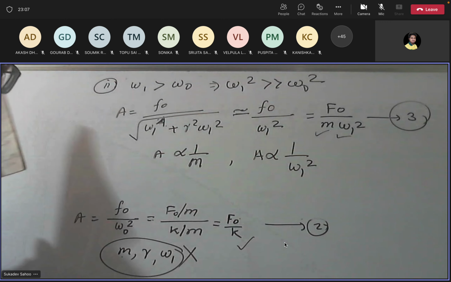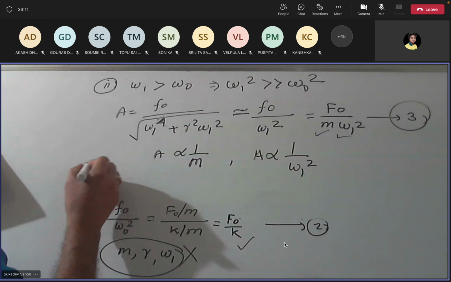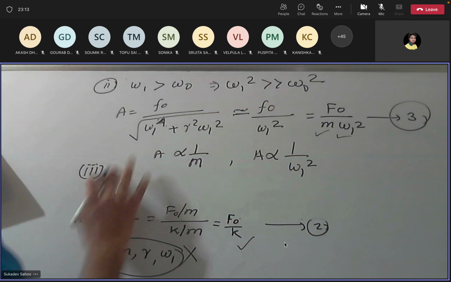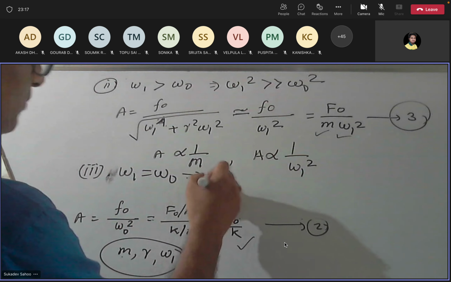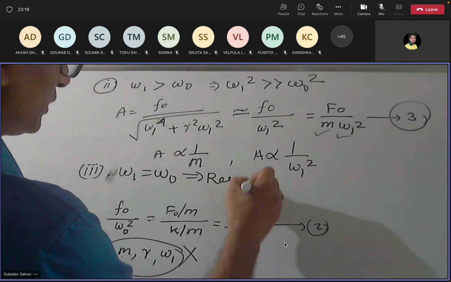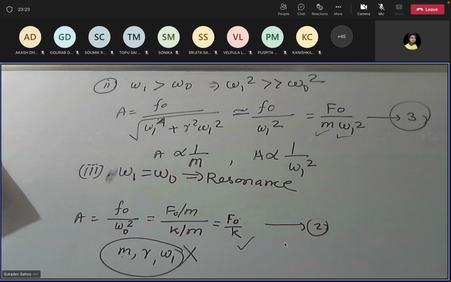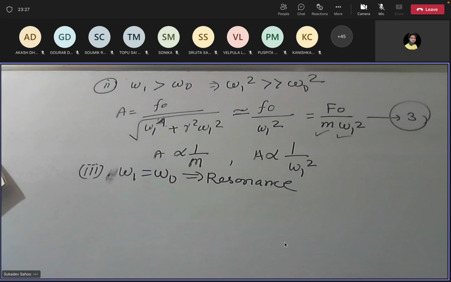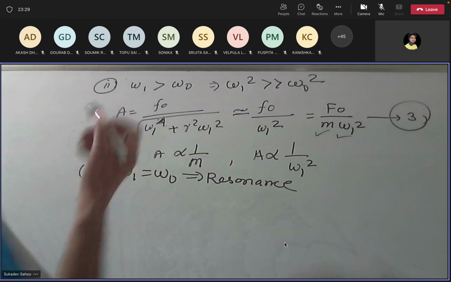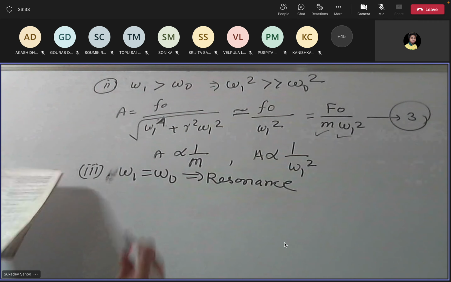Now we will consider case 3, that is the case of resonance. When omega 1 equals omega 0, that is the case of amplitude resonance. Because you will see in that expression, in equation number 1, that when omega 1 equals omega 0, the amplitude becomes maximum.